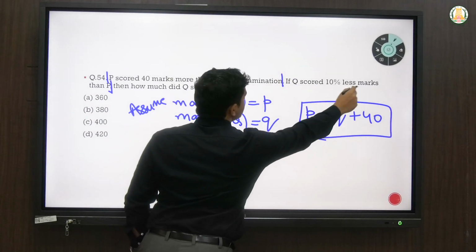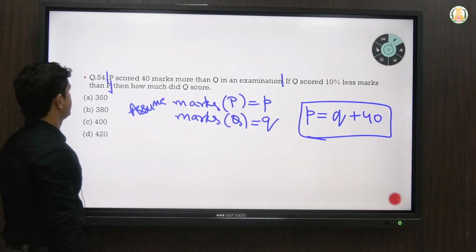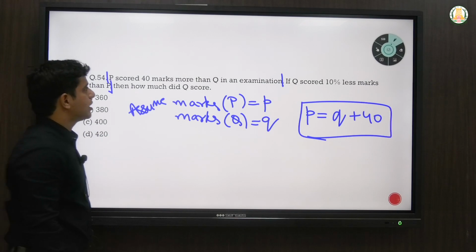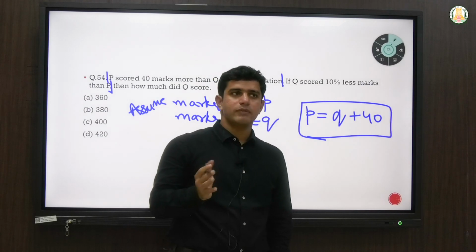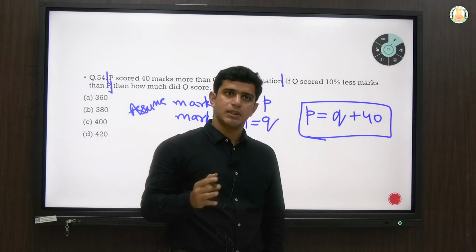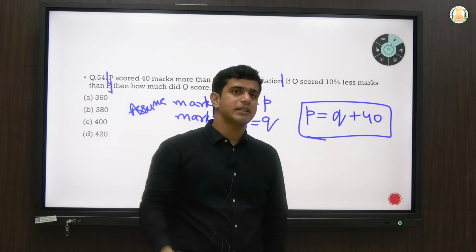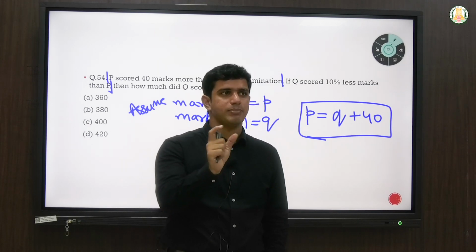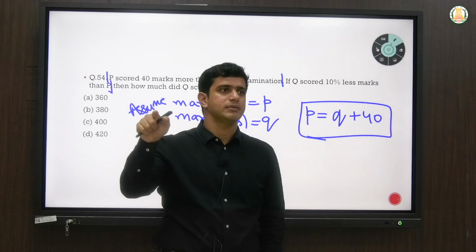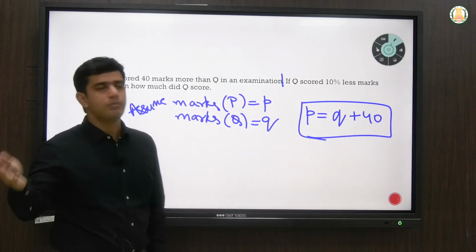This is one statement. Next statement. If Q scored 10% less marks than P. Okay. So 10% less marks than P. So let's say, what is 10% of 100? 10. What is 10% of 10? 1. So basically whenever there is 10%, that is actually 0.1. Okay, you can assume 10% as 0.1.